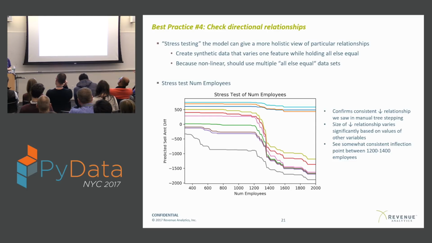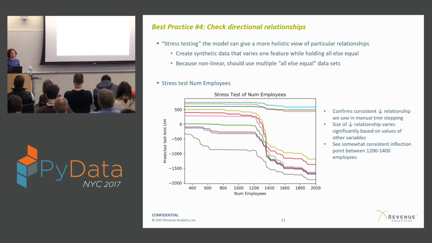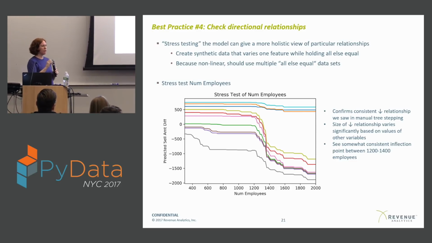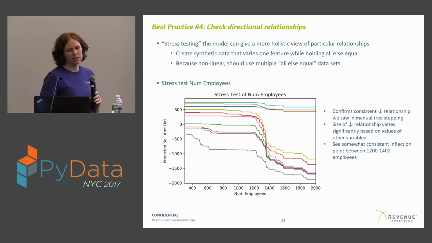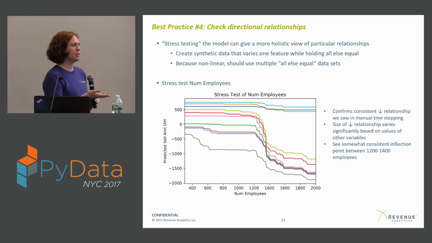This is to understand how the model is working, trying to isolate the relationship between just that one predictor and the response. There are probably other ways to do this, but I randomly sampled the data to get those all-else-equal sets. Okay, so the other variables you're not interested in, you keep as is, and then you fluctuate. Yep.